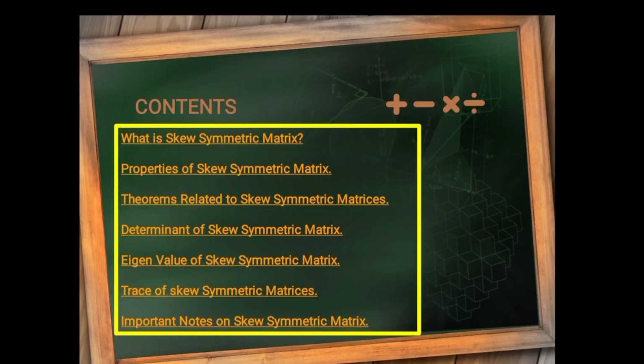Now let us see what we are going to discuss in this PPT and the contents present in it. First, we will discuss what a skew symmetric matrix is, and later the properties of skew symmetric matrix, then theorems related to skew symmetric matrix, the determinant of skew symmetric matrix, the eigenvalues and trace of skew symmetric matrix, and important notes on skew symmetric matrix.